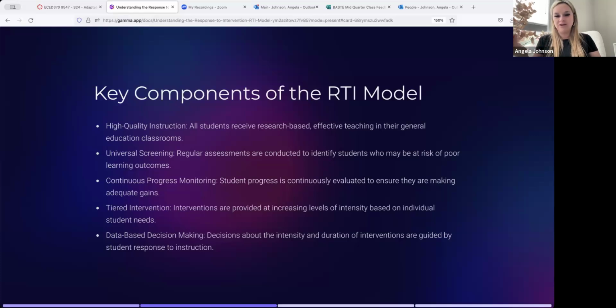If, let's say, it's a dual language program, the teacher is knowledgeable about how to go from English to Spanish and Spanish to English, or Russian, Ukrainian to English, and vice versa, or any language that it might be, right? So making sure that you have that high quality instruction going on.